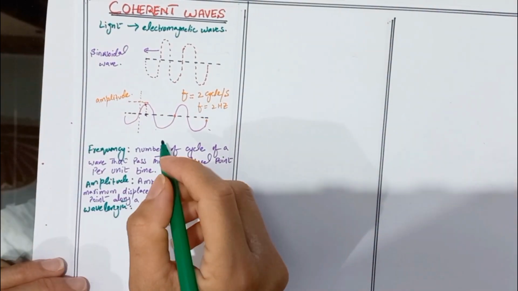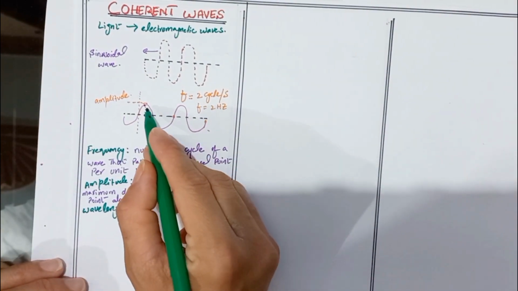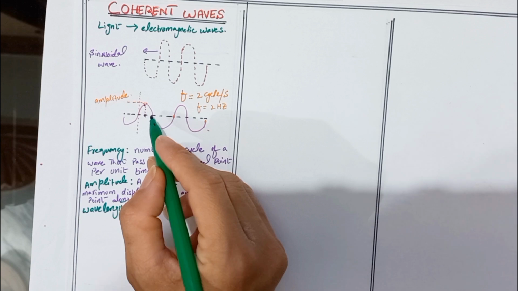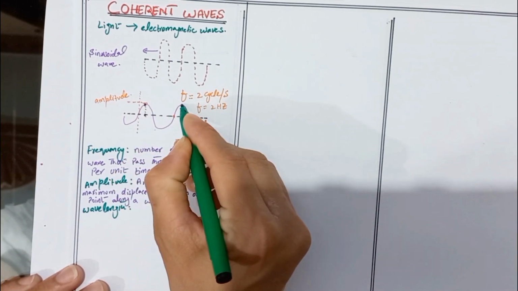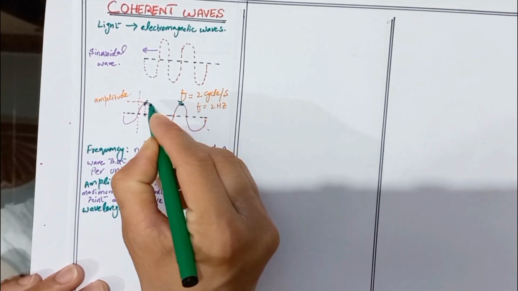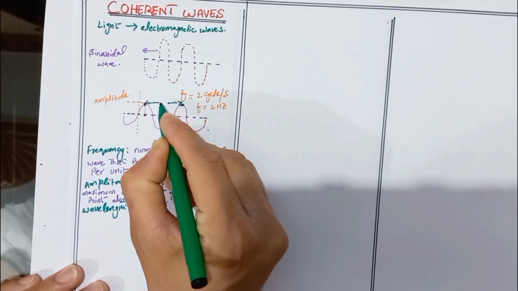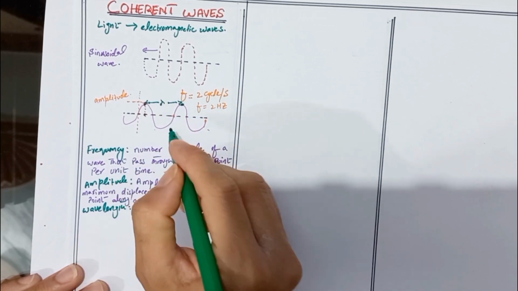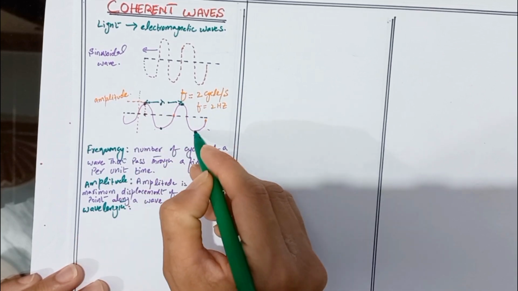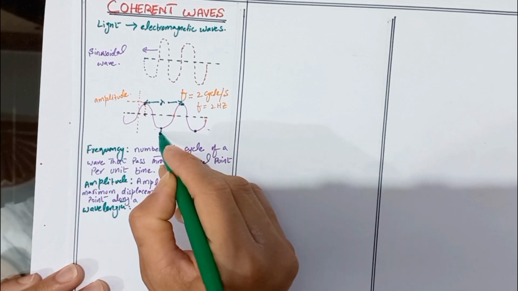And finally, there is a third property that we can measure: the distance covered by one complete cycle of the wave. This is the distance between two adjacent equivalent points along the wave, known as the wavelength. We can also measure the distance between two equal points on the lower side.